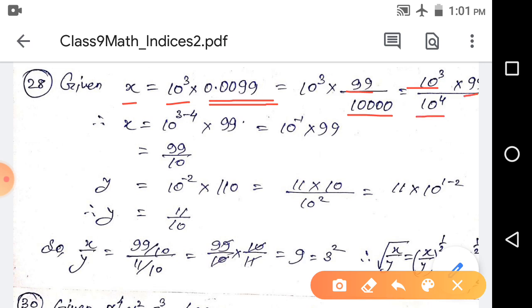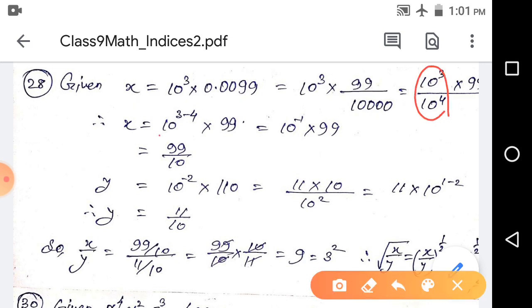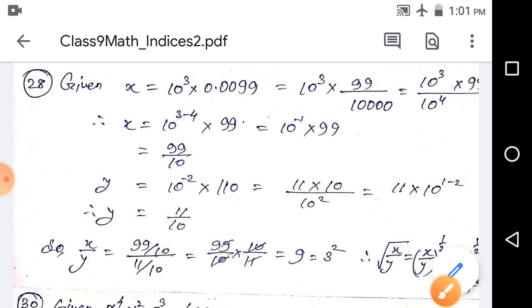Now here we have the same base 10, so with the same base we subtract the exponents, 3 minus 4. See it carefully, this is 3 and this is 4. So it becomes 10 to the power minus 1, and this 10 to the power minus 1 can be written as 1 by 10, and 1 into 99 is 99 by 10. So x is 99 by 10.